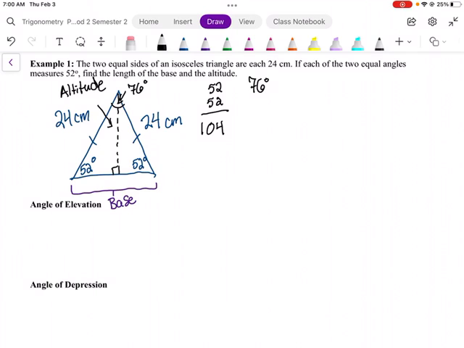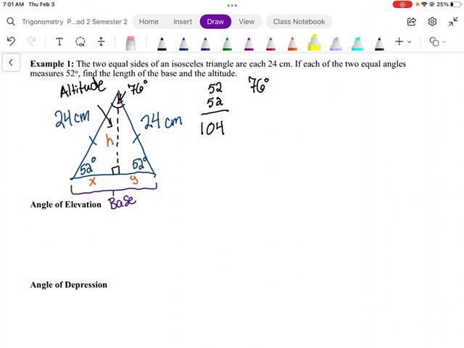So we're going to have to find three different distances here. We're going to have to find the height for the altitude, and then we're going to have to find both lengths of the base to make sure that we have the full length of the base.